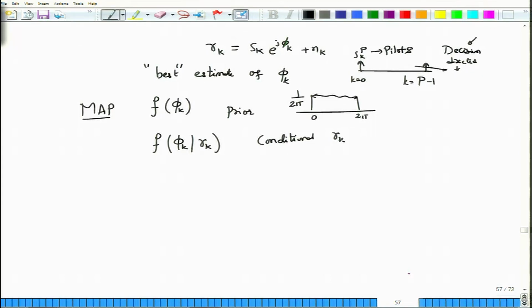If you do not receive Rk in a particular slot, obviously you are not able to form this conditional probability density function. But please remember, this is the conditional probability density function of phi k given that you have actually received Rk. And this MAP criterion tells you to find that phi k which maximizes this function.